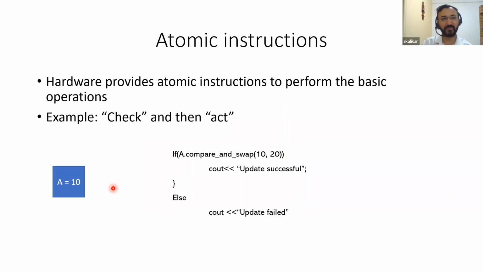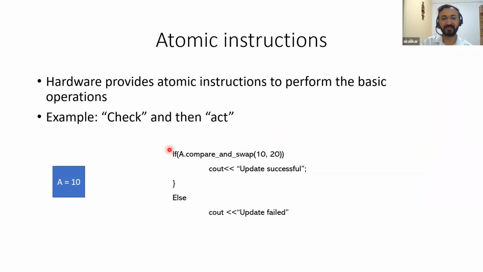But in this case, you would have to place the locks before the if condition, and then after you write 20. But if you use this instruction, what it ensures is that if you perform this operation, this if call will return true if the first operand, which is 10, equals the current value of a.